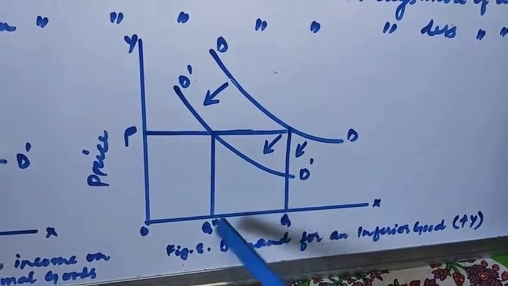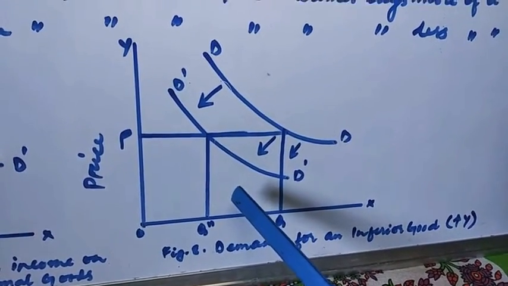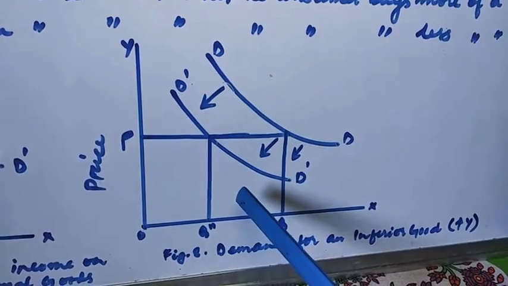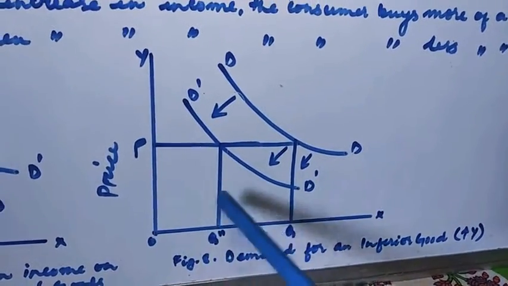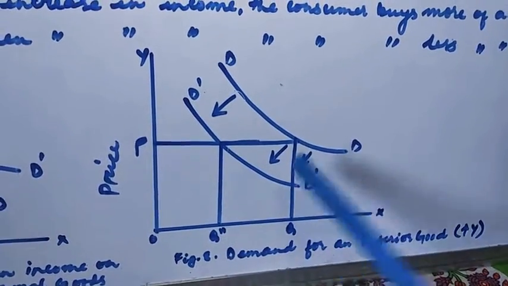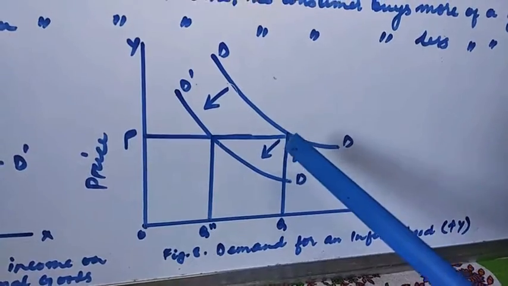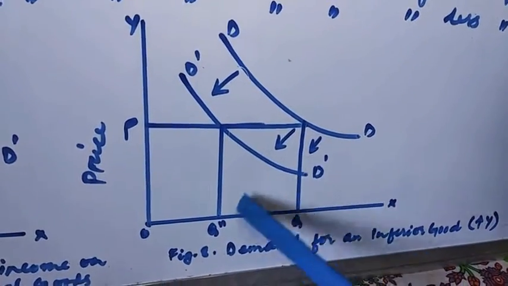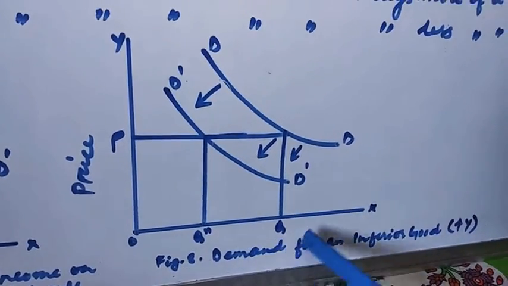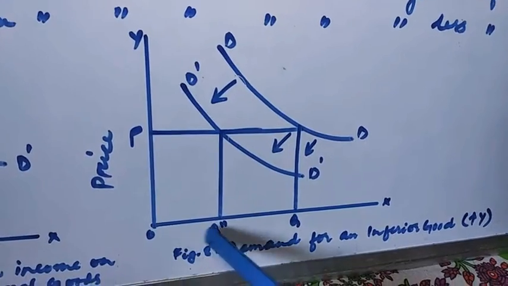Which means that in case of an inferior good, the effect of a rise in income would lead to a decrease in the demand, a decrease in the quantity demanded of the good. So in case of an inferior good, the effect of the rise in income would lead to a decrease in the quantity that is demanded. So it has decreased from OQ to OQ dash dash.